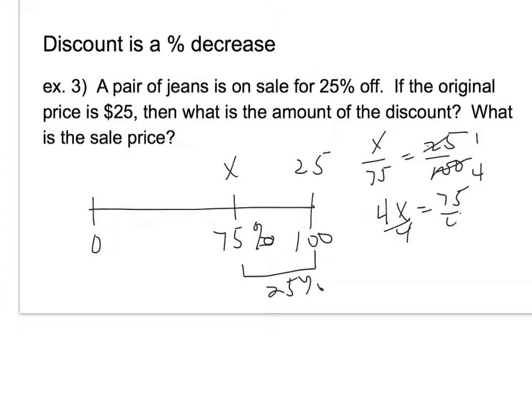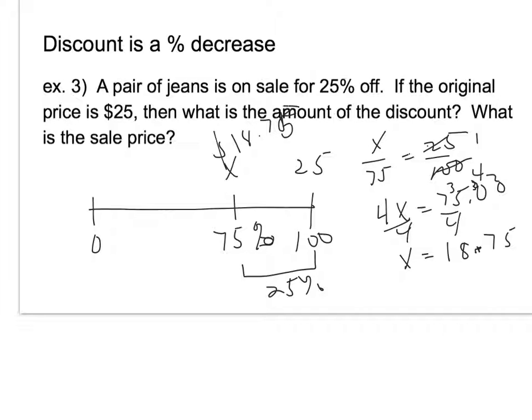Divide by 4, we get x equals, let's see, 4 goes into 7 one time with 3 left over. 4 goes into 35 8 times with 3 left over. 4 goes into 30 7 times with 2 left over, and so it's going to be 18.75. So the sale price is $18.75.